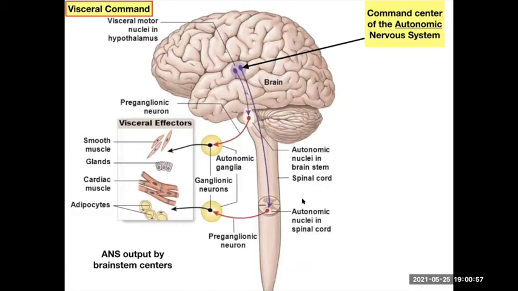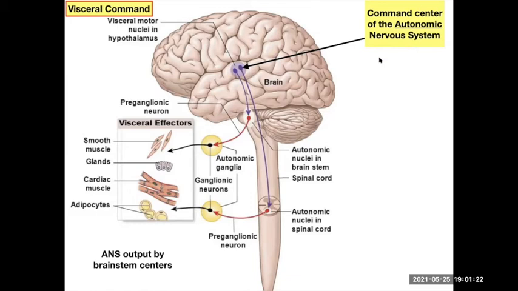All right, so the control of all that, right? Whether it's smooth muscles around the lining, glands like that, and your heart is the most obvious one, right? Your cardiac muscle, which is just there in the heart, as well as fat metabolism and fat storage and stuff like that, are all things that are regulated by your visceral motor system, right?